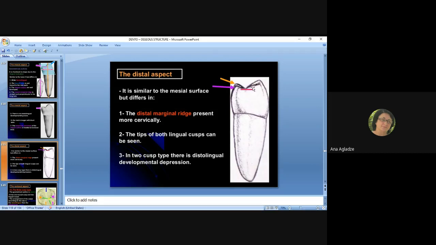You can see the buccal cusp. You can see two lingual cusps, and both pits of the lingual cusps are seen. And there is a distolingual developmental depression between them.